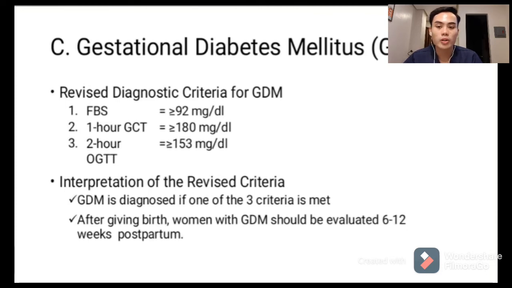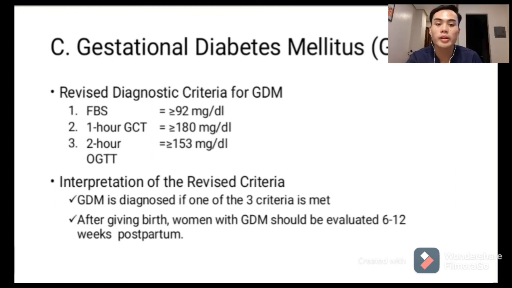So, if you have an FBS or fasting blood sugar of greater than or equal to 92 mg per dl, or after 1 hour of the glucose load you have greater than or equal to 180 mg per dl, which is the renal threshold, or after 2 hours you have greater than or equal to 153 mg per dl. So, after giving birth, women with GDM should be evaluated 6 to 12 weeks postpartum.